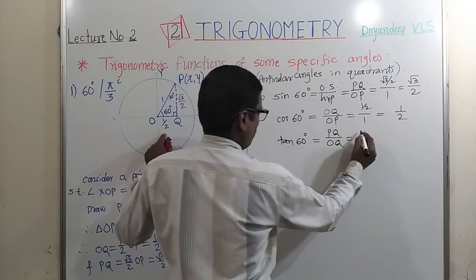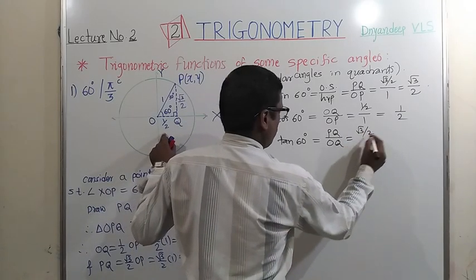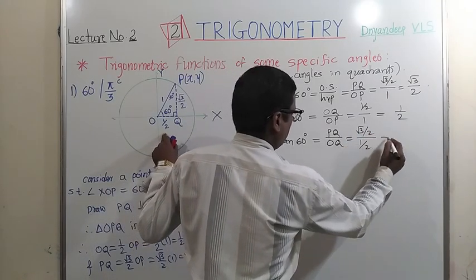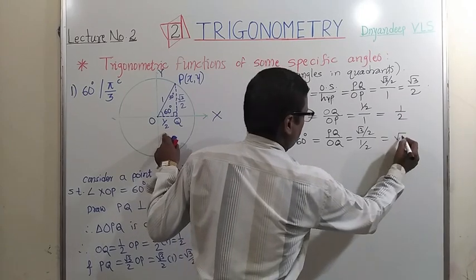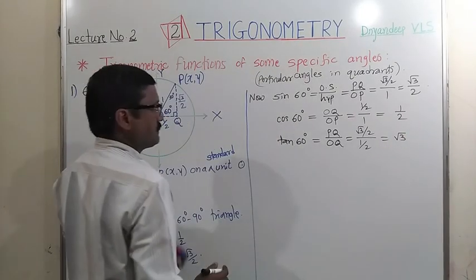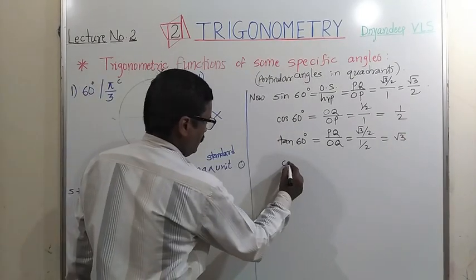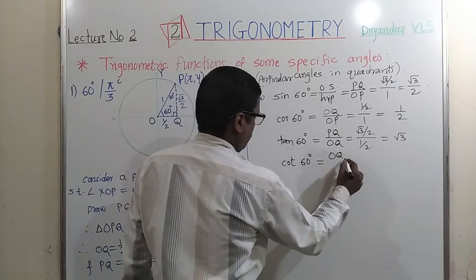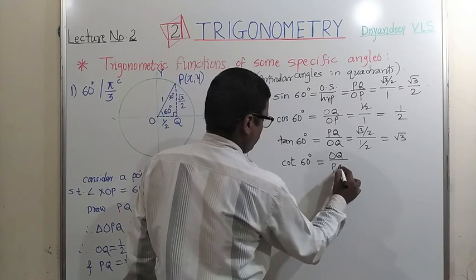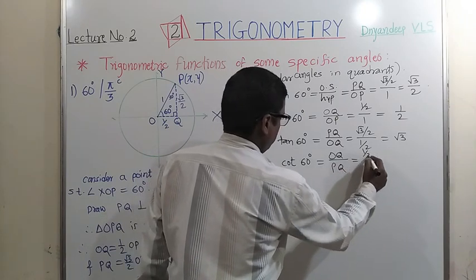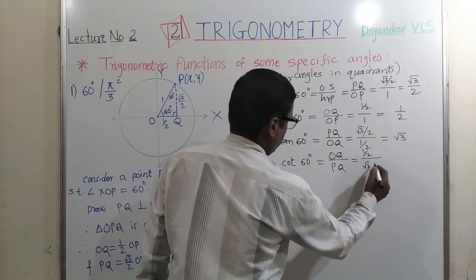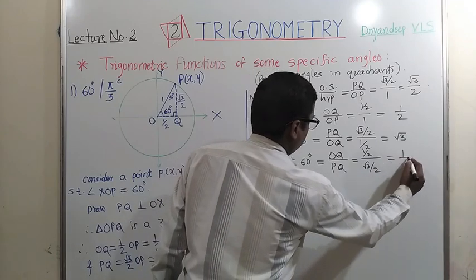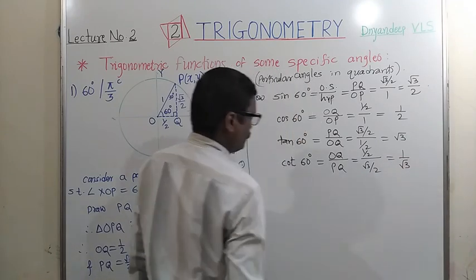So PQ by OQ is root 3 upon 2 upon half. These two get cancelled. The answer will be root 3. So tan 60 equal to root 3. Then cot 60. Cot 60 is nothing but adjacent side upon opposite side. So it is equal to half upon root 3 upon 2. It gives us 1 upon root 3.